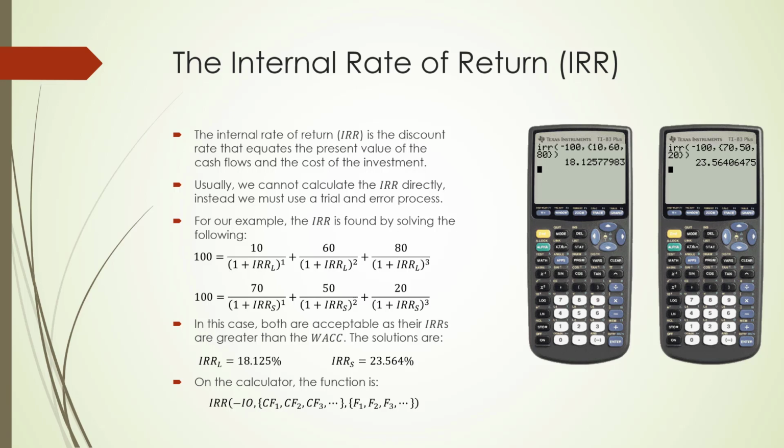Press enter, and you get 18.125, etc. Now, remember that the cost of capital is 10%, so franchise L has an IRR that exceeds the 10% cost of capital, therefore it's a good investment. Similarly, for franchise S, we do the same thing and we get 23.56%, which also exceeds the cost of capital. So both of these projects, again, are acceptable.